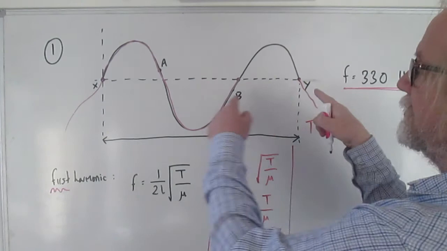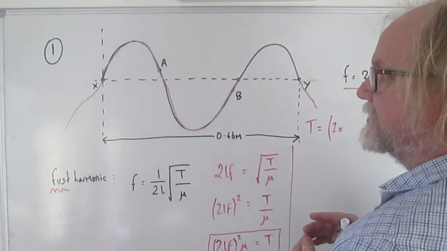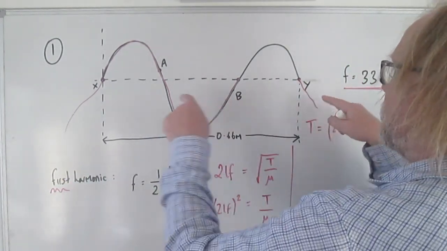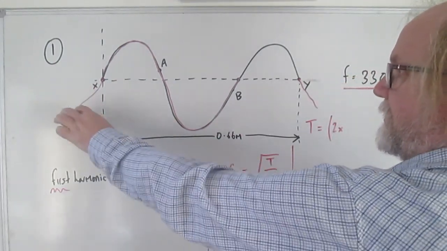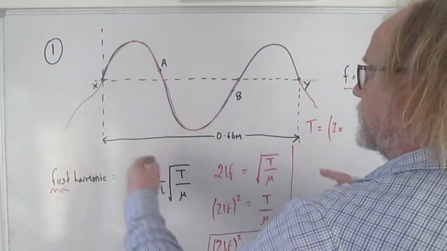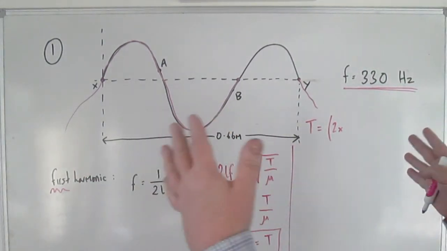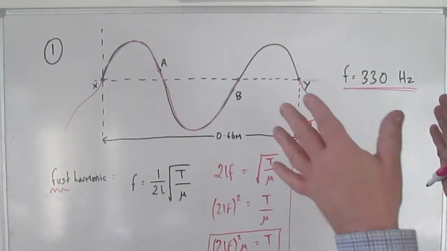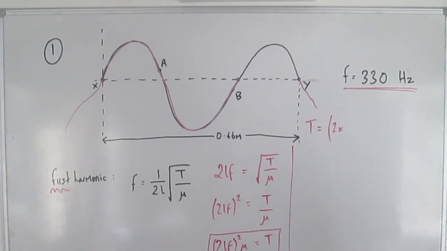So part of that 0.91 meters is not part of the stretched length, and therefore the wave is not covering the full 0.91 meters. We were told this was 0.66 meters. That's the stretched length in which the wave is being formed. So you've got to make sure that you put the right value for L in there.